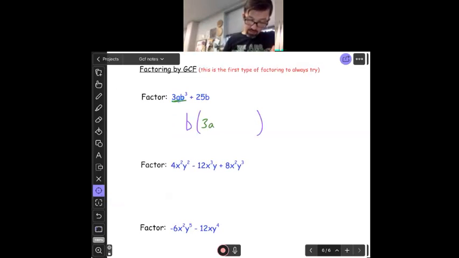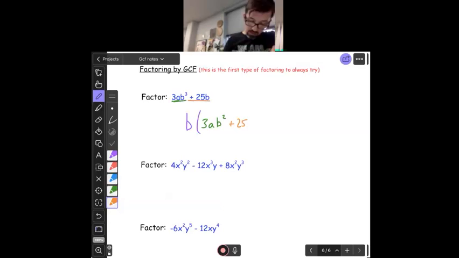And then I have 3 B's here, and I only have 1 here, which means I need 2 more B's. And I want to look at 25B. So 1 times positive 25 would be 25. So plus 25. And then I have 1 B here and 1 B here, so I don't need more B's. So that would be all I would need.